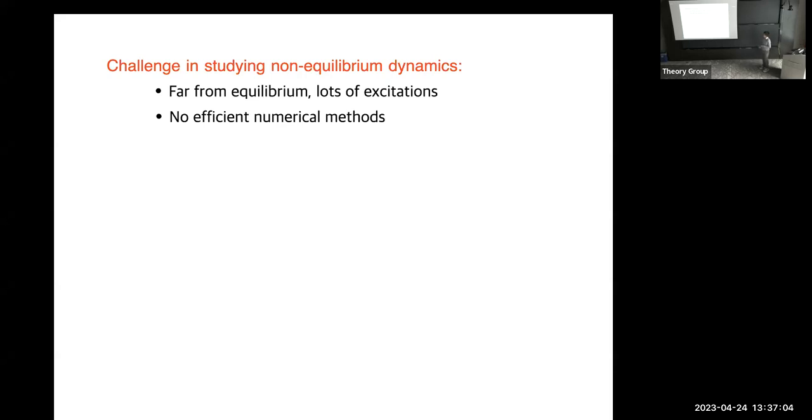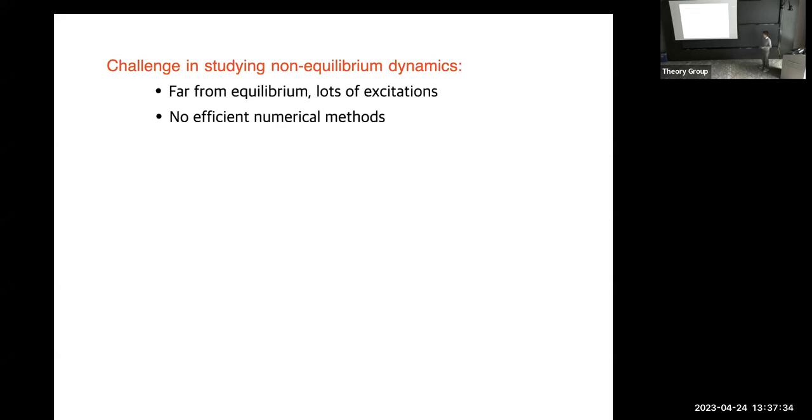Although it is interesting, we know there are many challenges in non-equilibrium physics. For example, when the system is far from equilibrium, there can be lots of excitations. The entanglement can be very large. So we know that when there is much entanglement, there is no efficient numerical method.